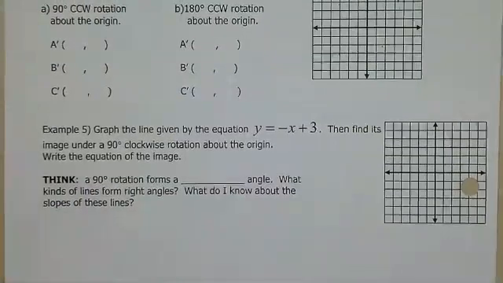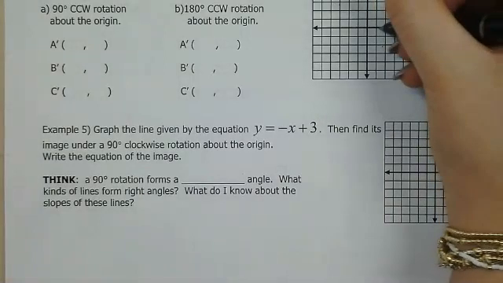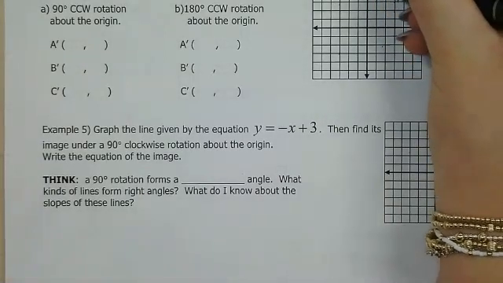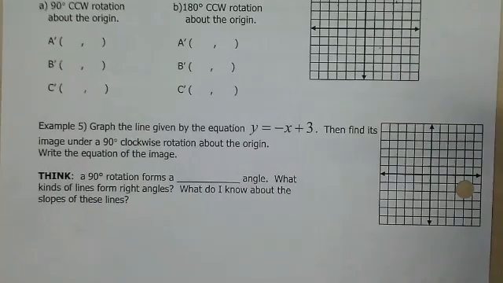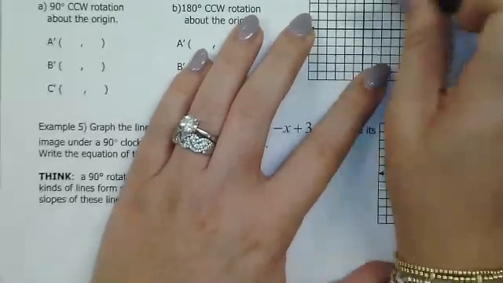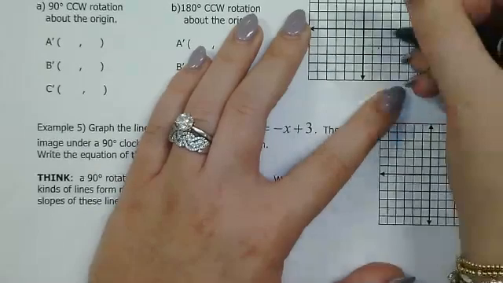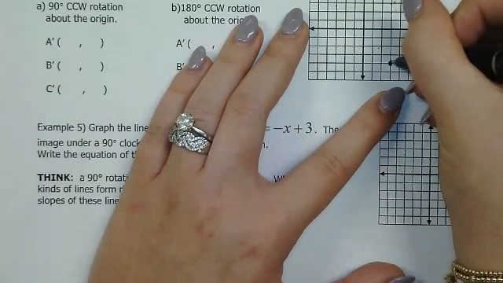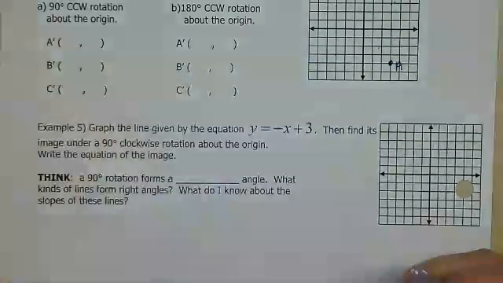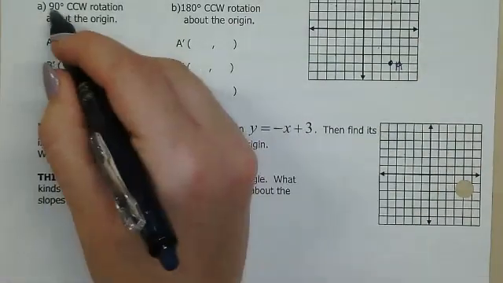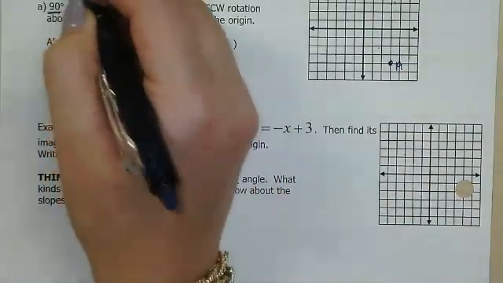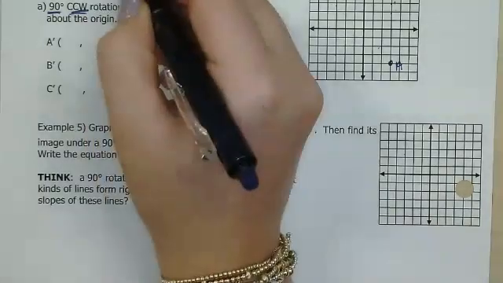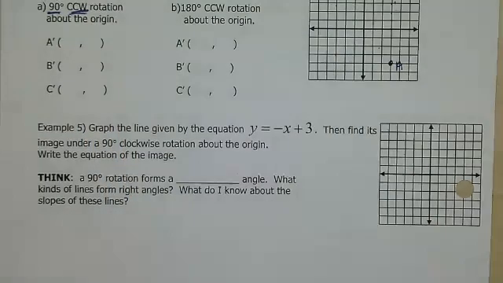It says to find the image of these points. So I have a point at positive 3, negative 4, sorry, I misread that, as my point A. And I'm being told that I'm going to rotate that 90 degrees counterclockwise. So that would be my first rule, right? And that rule says I'm going to do what to my coordinate?